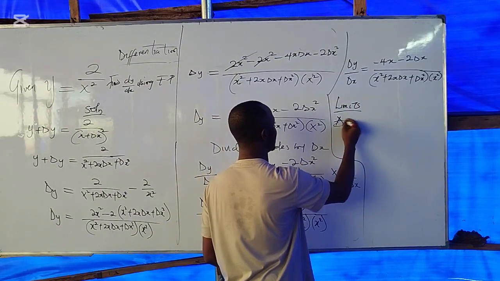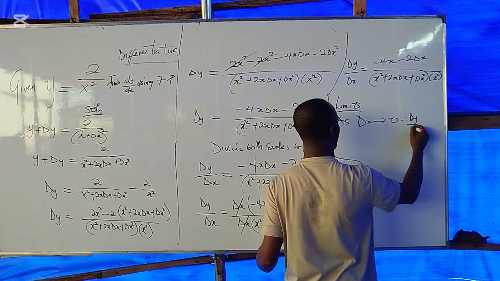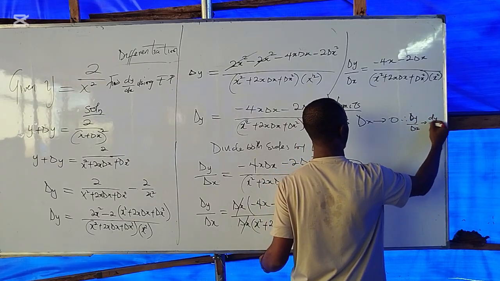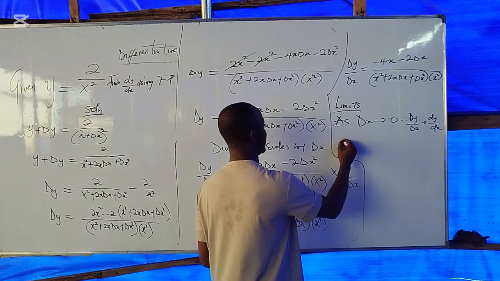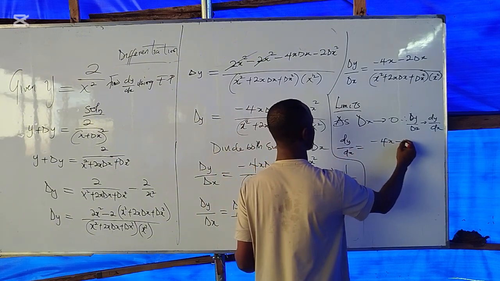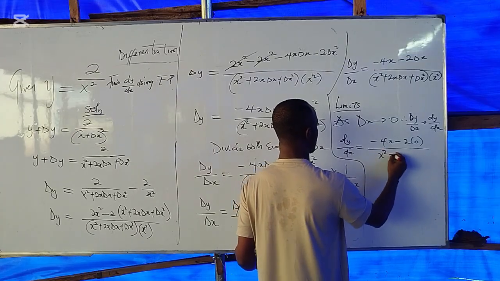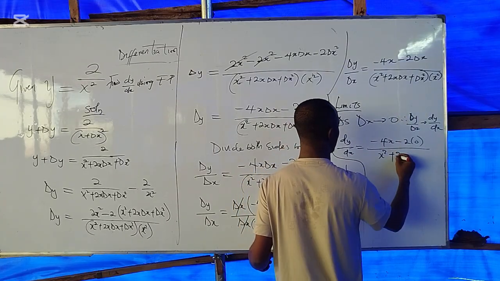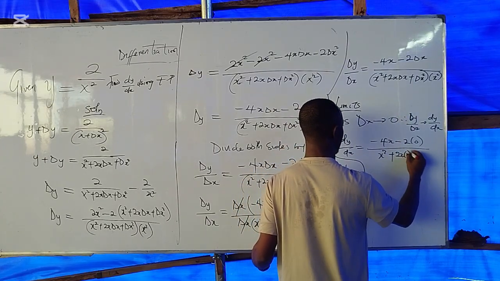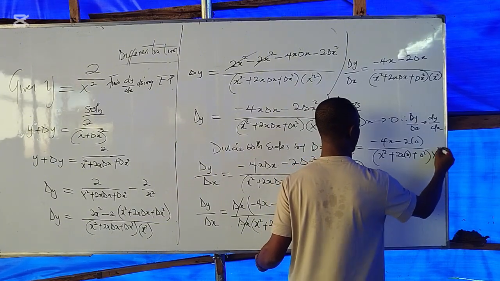What's our limit here? As delta x approaches 0, delta y over delta x will approach dy over dx, right? So my dy over dx becomes minus 4x minus 2 times 0, over x squared plus 2x times 0 plus 0 squared, all multiplied by x squared.